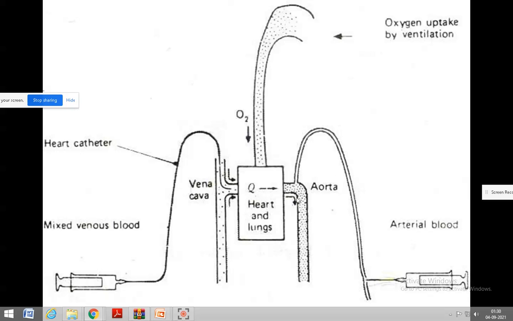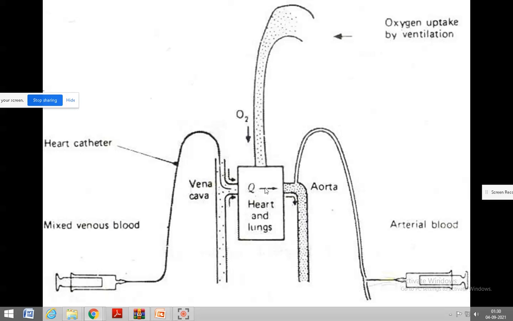After injecting, the oxygen mixed with the blood will be purified by the lungs after entering the arteries. I think you all know the structure and working of the heart.